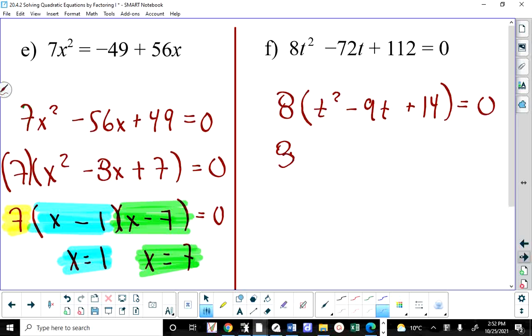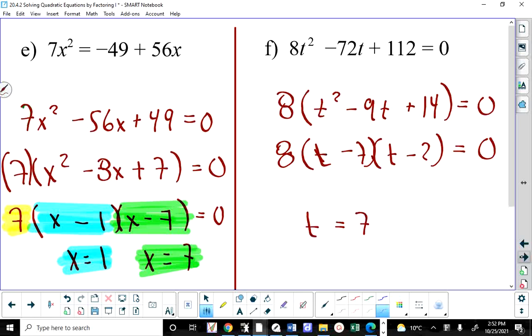That means we are now looking for two numbers that multiply to give 14 and add to give negative 9. Well, they're both going to be negative again. 7 and 2. So negative 7, negative 2. That means t minus 7 is 0, and that tells us that t equals 7. T minus 2 is 0. That tells us that t equals 2.